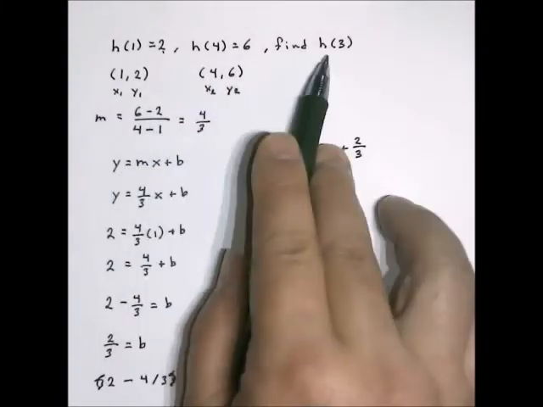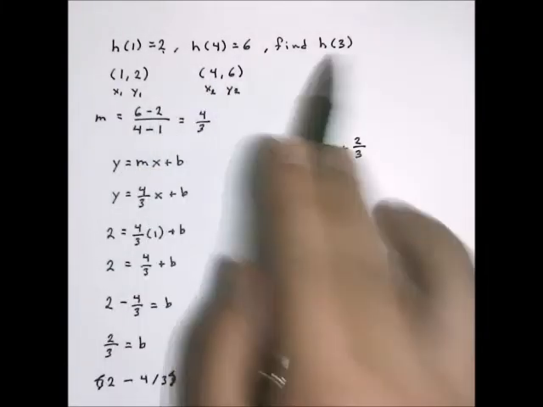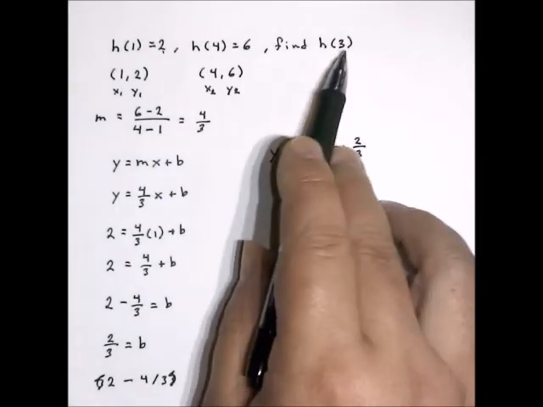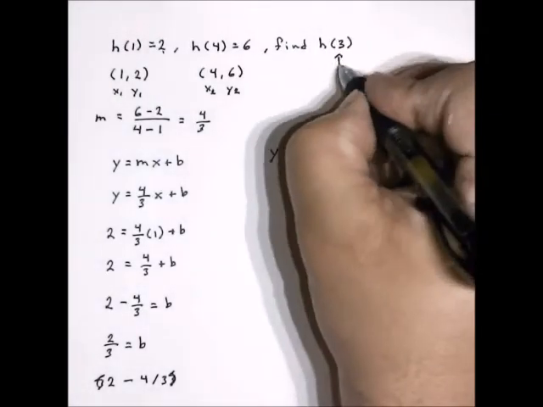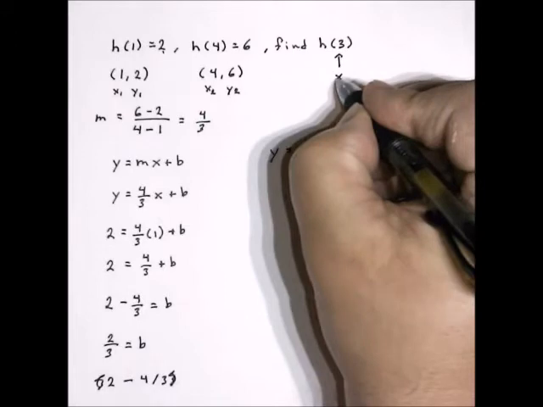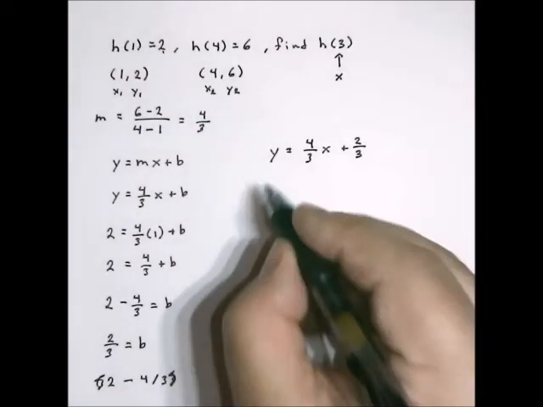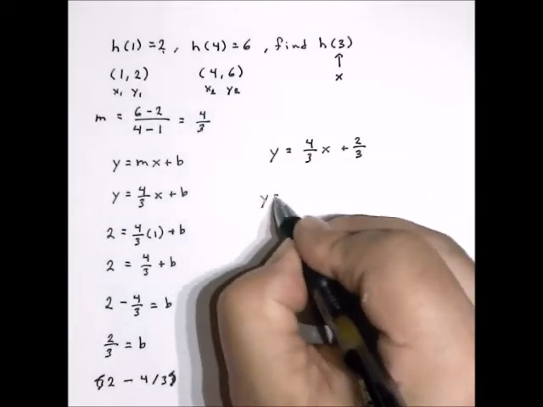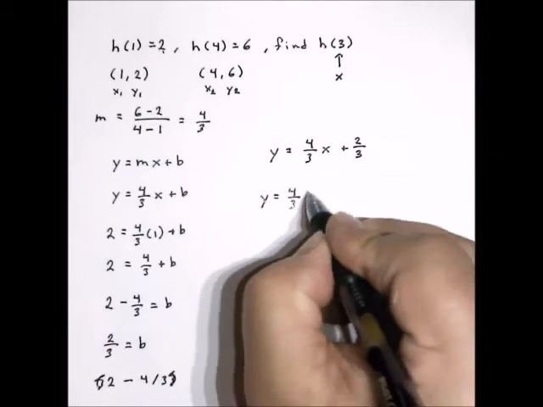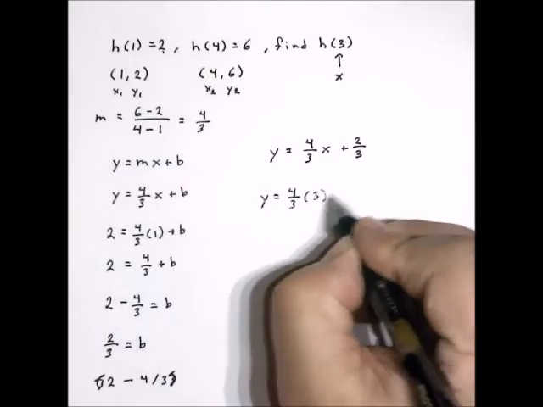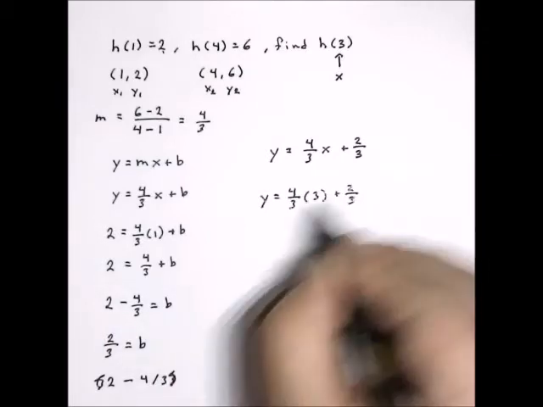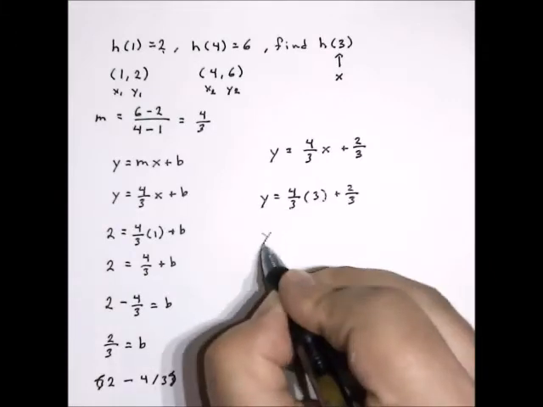Now all we have to do is the third part, find h at 3. And all this really means is plug that 3 in for our x. And when I multiply these together, I just get a 4.